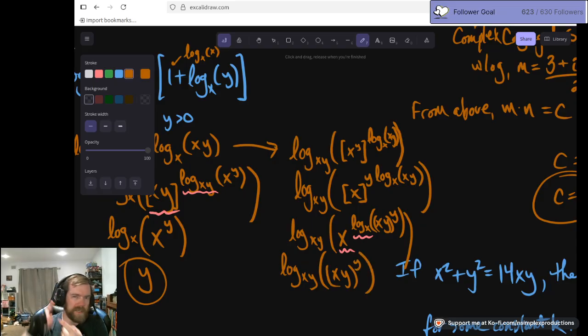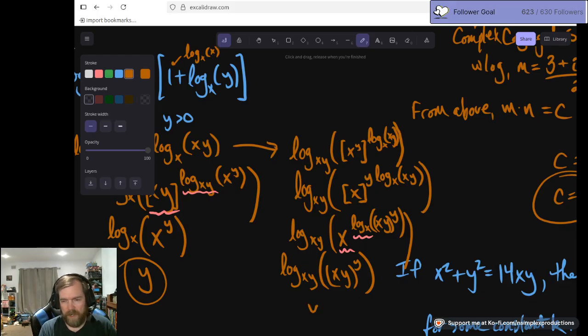Again, we can go with the inverse operations argument, or we could go with the fact that logs are exponents, which give you the result of what's in the middle, what's in the argument. Here, log base xy is the exponent which gets us xy to the y on a base of xy.